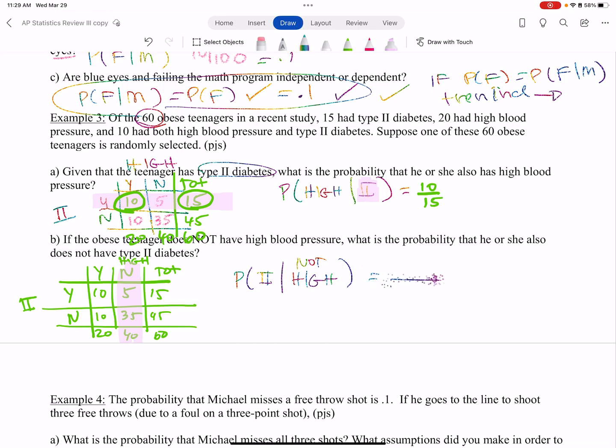And so we know the denominator is going to be 40. And it says that also not type 2. So the not type 2 is going to be here. So that's 35 out of 40, which is 0.875. And this one here is 0.667. It's a good idea to go all the way to the decimal because then if it asks if they're independent, they match easily.